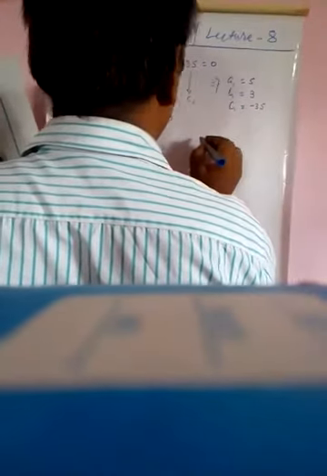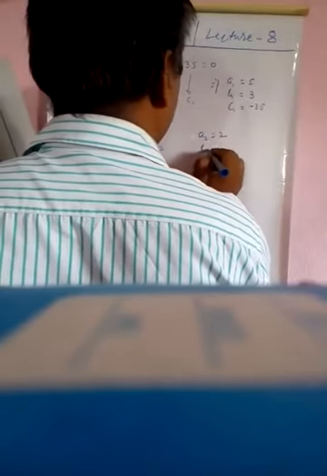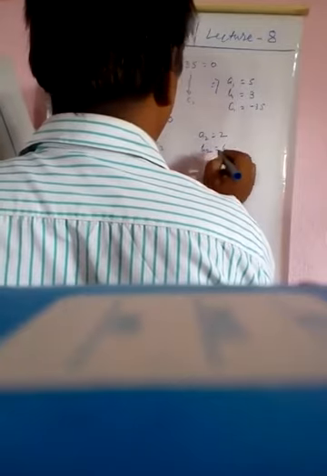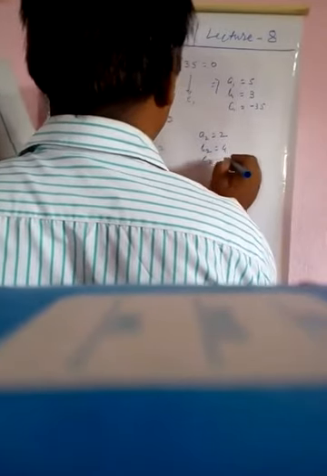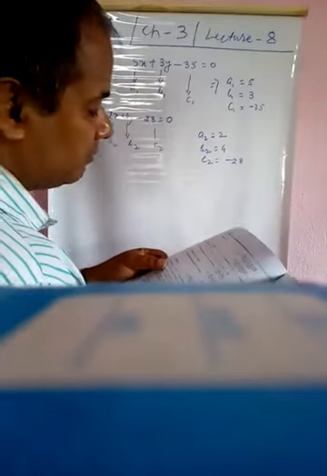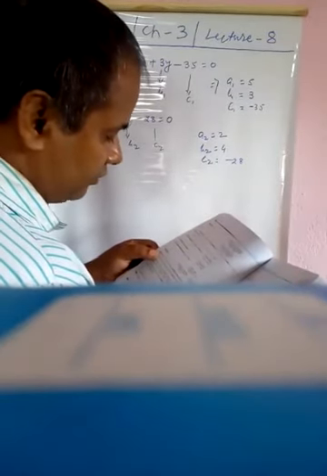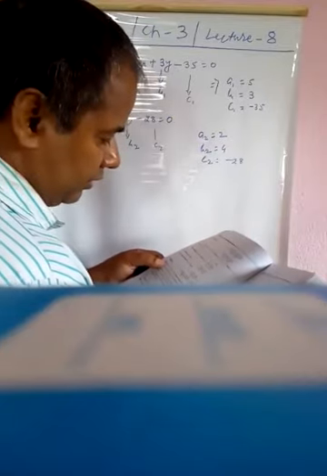Similarly, here a2 is equal to 2, b2 is equal to 4, and c2 is equal to minus 28. That's why on page number 58, it is written here a1, b1, c1, and a2, b2, c2.